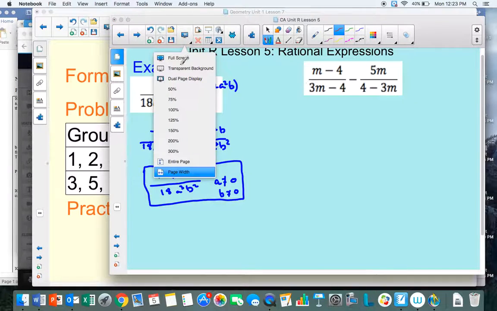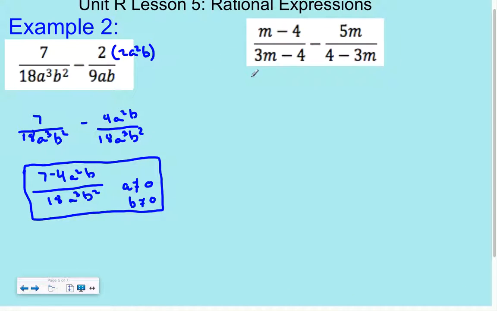All right. So we've got m minus 4 divided by 3m minus 4, and then minus 5m divided by 4 minus 3m. So the very first thing that I'm going to do is try to see if I can work out some sort of common denominator.